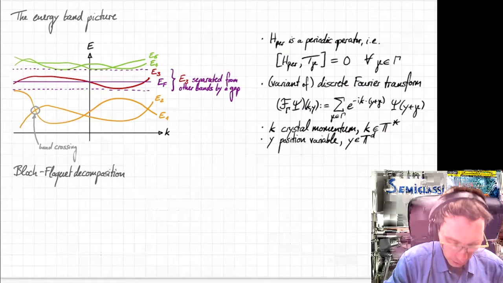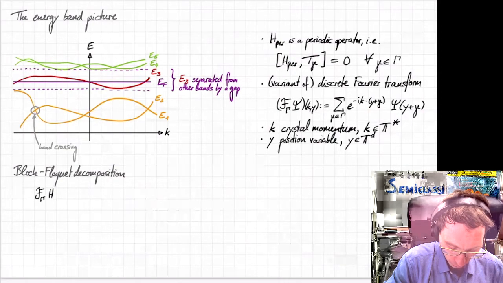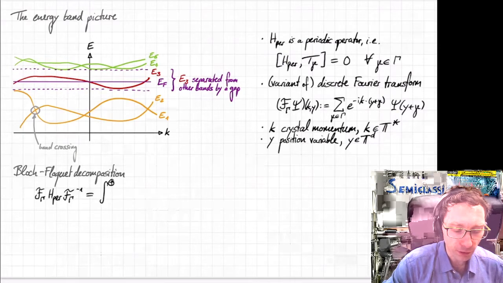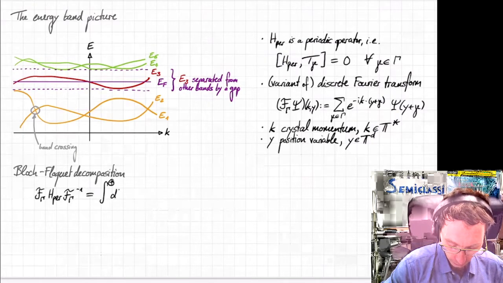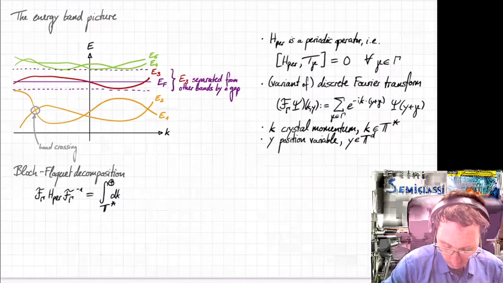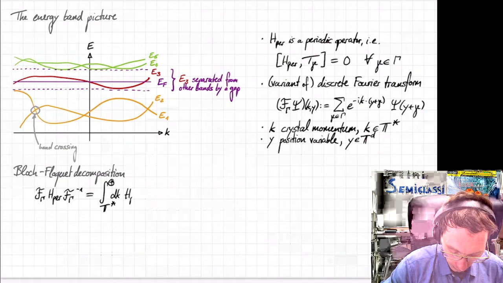So that means that if you conjugate the periodic operator with F gamma, then you can see this as a direct integral in K of H periodic of K.